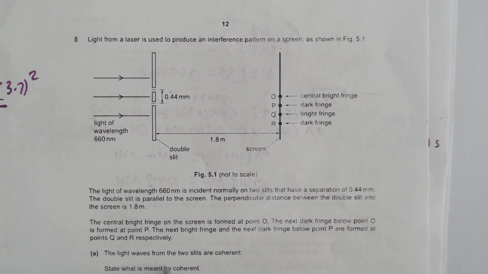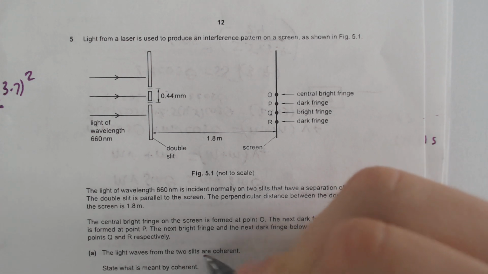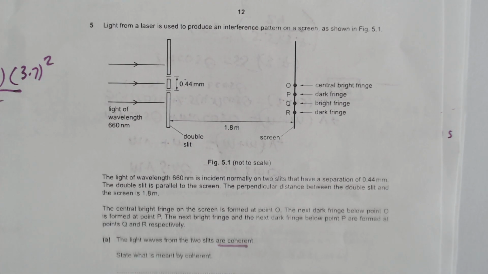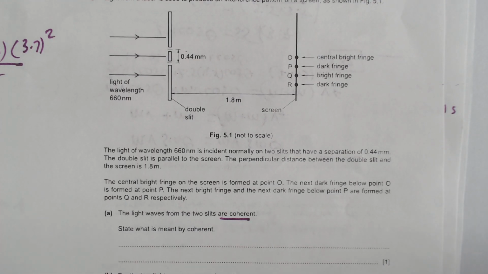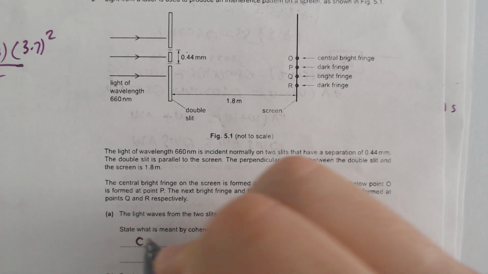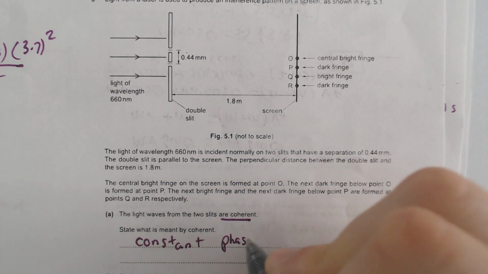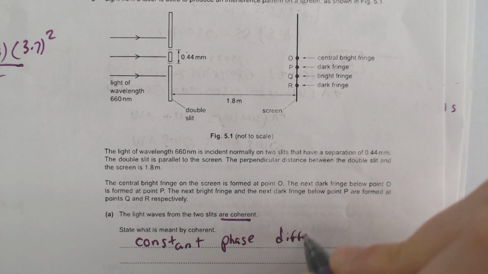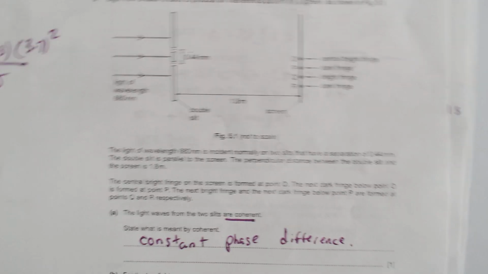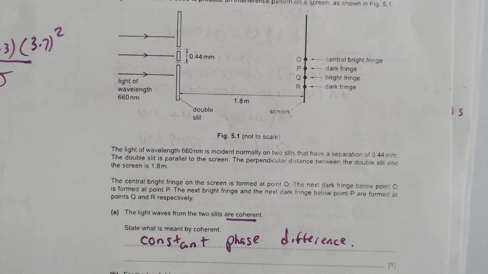The light waves from the two slits are coherent. The definition of coherent means that they will have a constant phase difference. That does not mean that they are the exact same wave. It does mean that they have the same frequency and same wavelength.